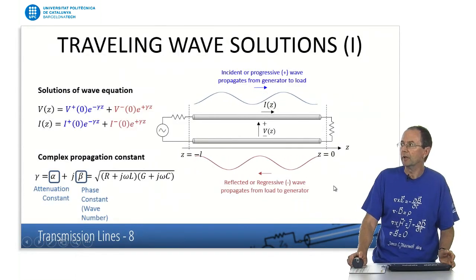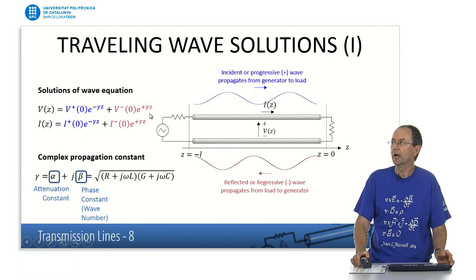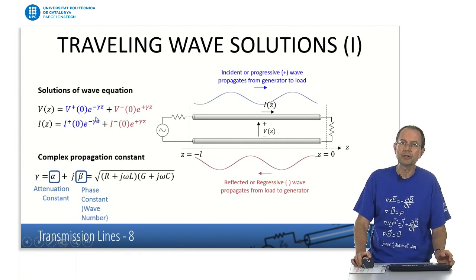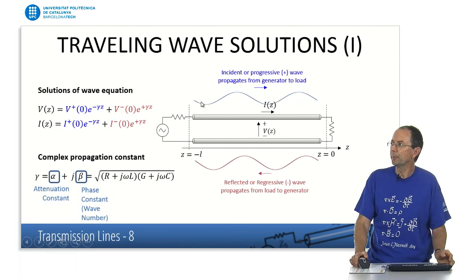So now, if we ask ourselves what are the possible solutions for the previous wave equations, well, the answer is simple. The solutions are harmonic again, so they are sinusoidal waves, but they can propagate in both directions.